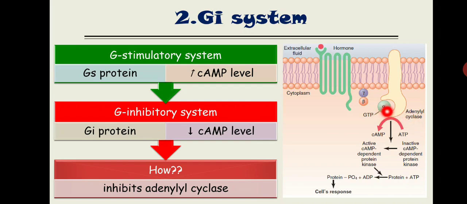Once this alpha subunit attaches with adenylyl cyclase, it stimulates the adenylyl cyclase, and this adenylyl cyclase will increase the conversion of ATP into cyclic AMP. Now in this GI system, what will happen? Once the alpha I subunit gets attached to this adenylyl cyclase, it actually inhibits the adenylyl cyclase enzyme. So no more conversion of ATP into cyclic AMP, and all this action will be depressed, right?